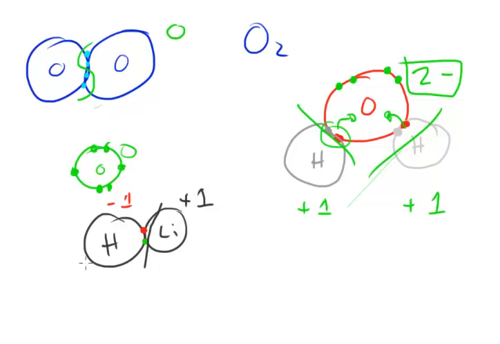And so we say that even though it's bonded, we imagine that it's got a charge, it's got an oxidation number of +1. Because when we look at it from the perspective of oxidation numbers and oxidation states, we picture that all of these elements or atoms that are bonded are ionically bonded.